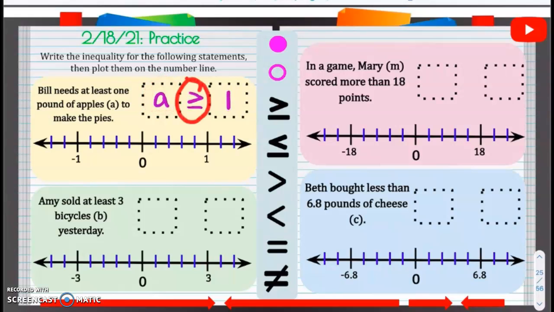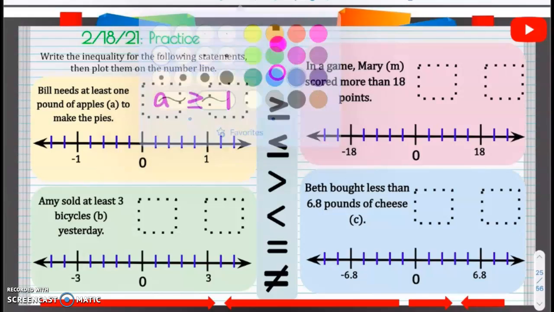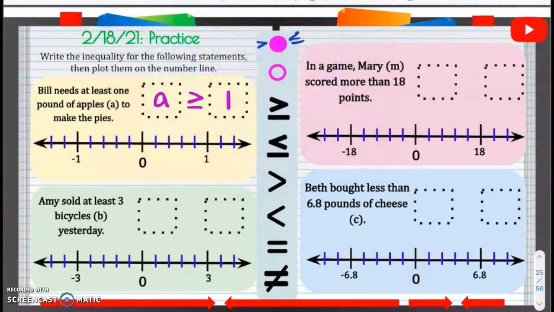Since we have greater than or equal to, remember, if we have less than or equal to, or greater than or equal to, it would be a closed circle. That little extra equal to on the bottom means we need to do extra and shade it in. Less than, greater than, or not equal to is going to be an open circle, so we don't have anything extra.